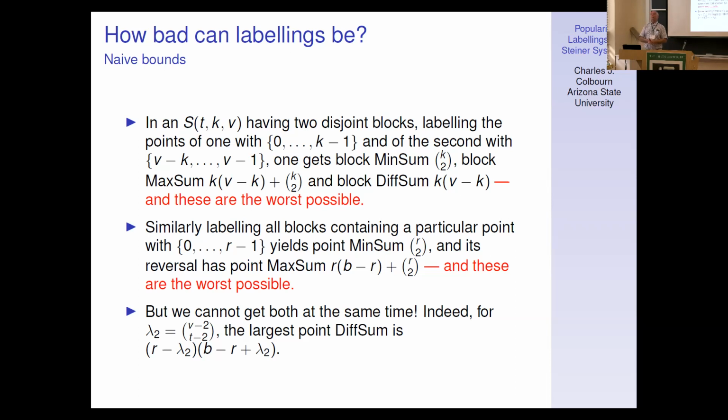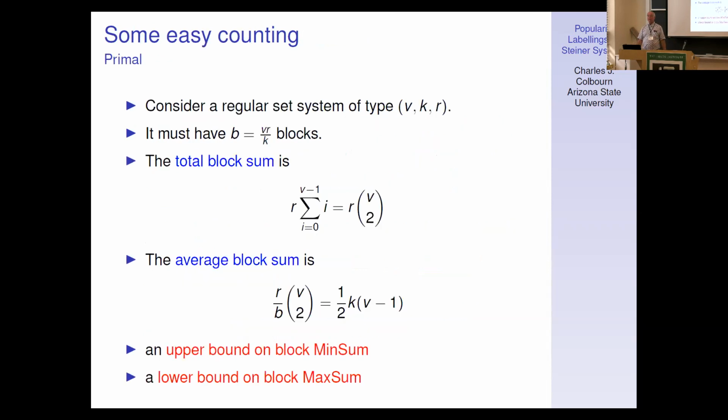Or I can label them all with the largest labels, but I can't do both simultaneously. So this is a case where for diff sum, I have to worry about if I take a pair of points, how many blocks are they in together, okay? And so that's going to make a small adjustment, and diff sum is not going to be quite the same as saying max sum minus min sum.